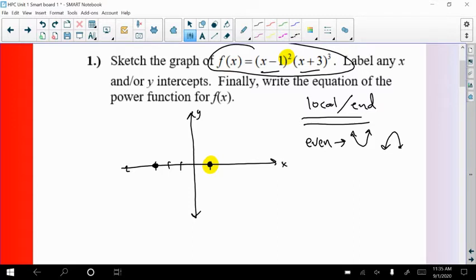Now, with even powers, the higher the power, the more it flattens out the curve, so it actually gets to 0 quicker, which is really important in calculus. But for us it's not as important, other than recognizing that you want that to be an even value, like a parabola.